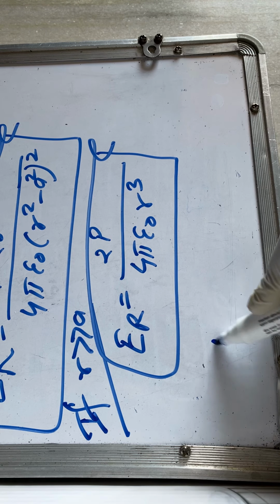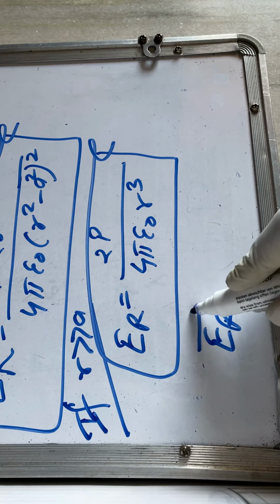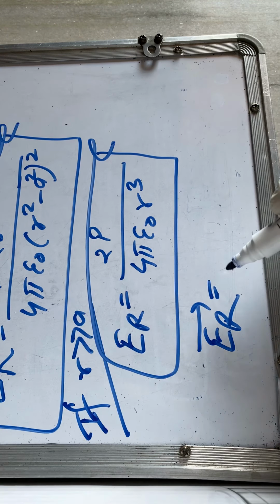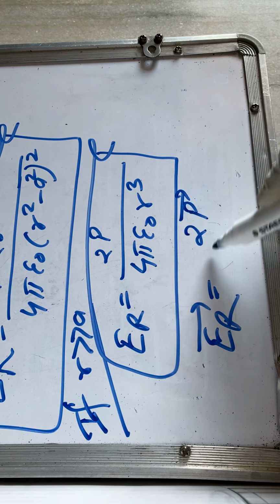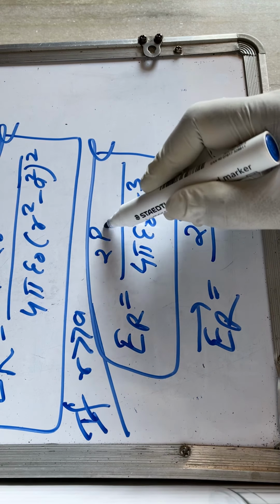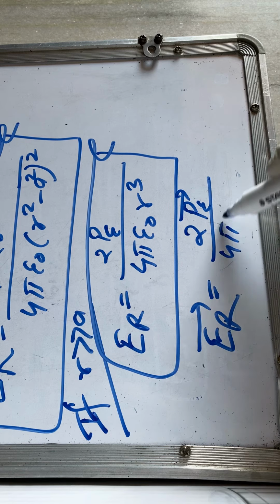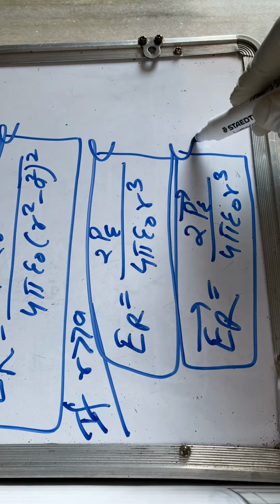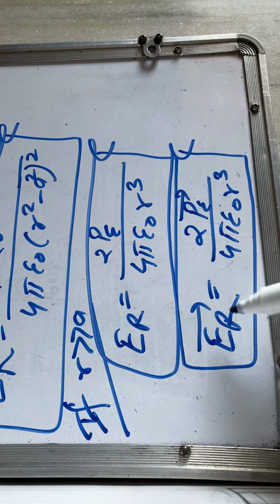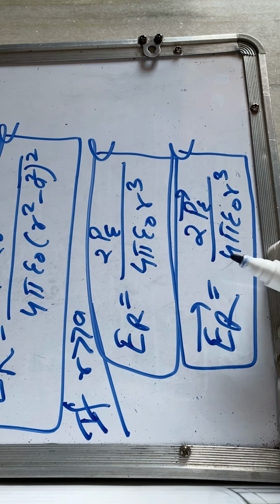If we want to write it in vector form, because we know the dipole moment is again a vector quantity, we can write it as 2p vector over 4 pi epsilon naught r cube. Why have I written it this way? Because the resultant electric field is in the direction of the dipole moment.